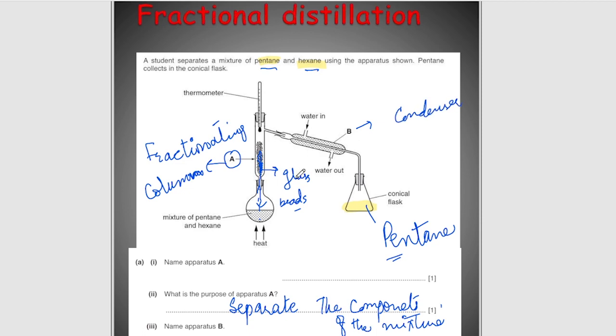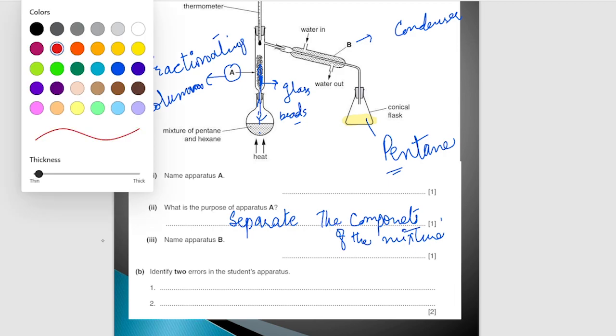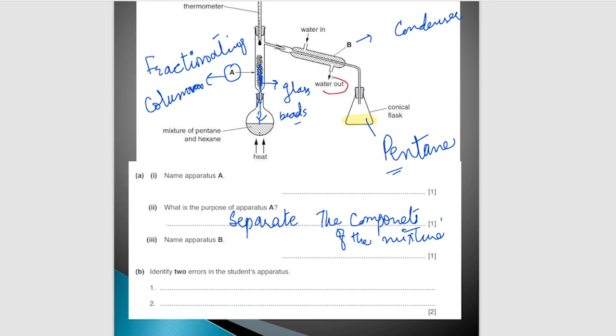The next question is: identify two errors in the student's apparatus. The student has set up this apparatus, and we are identifying the errors. The errors are water out and water in. Water should go in from the downside, so it flows against gravity.